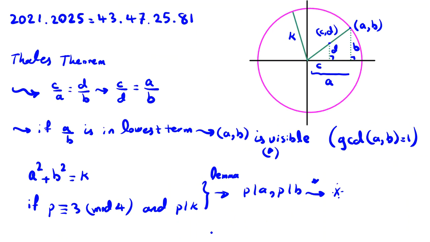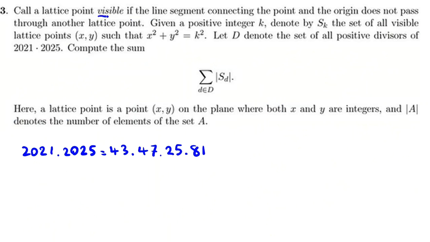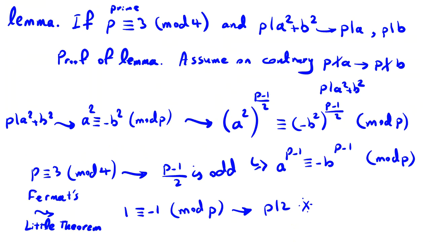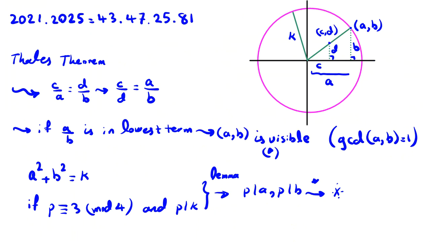Now we use this lemma. Let's consider a lattice point, and see what condition it should satisfy to be visible.